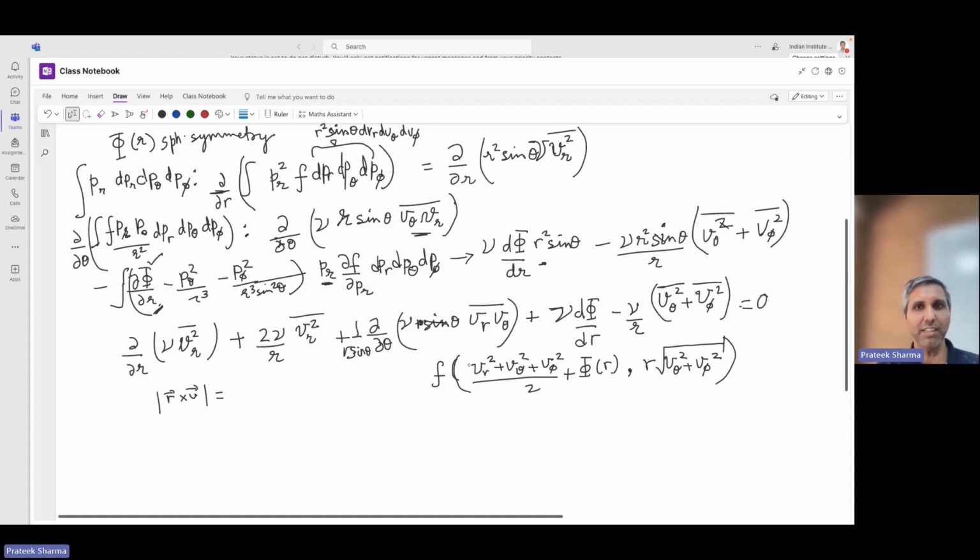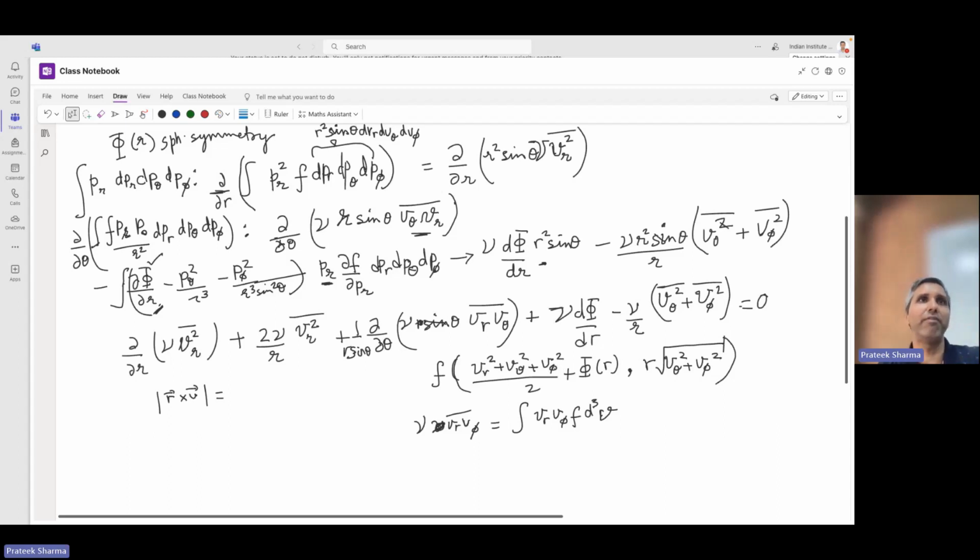But if I assume this, you can actually see that if I take this VR V phi bar, that's nu VR V phi, or VR V phi bar is actually integral VR V phi f d3v times nu. And you can see this is a symmetric function of VR, V theta, V phi.